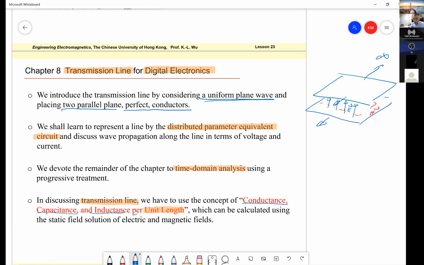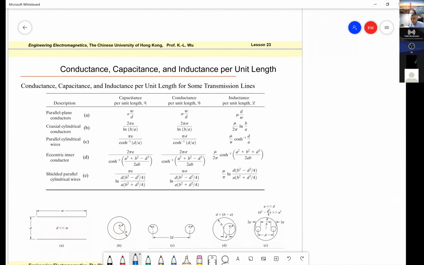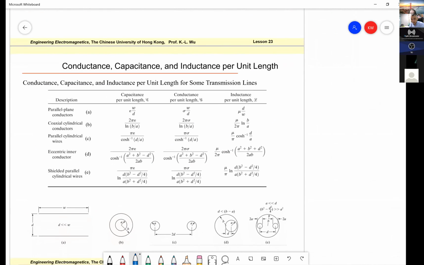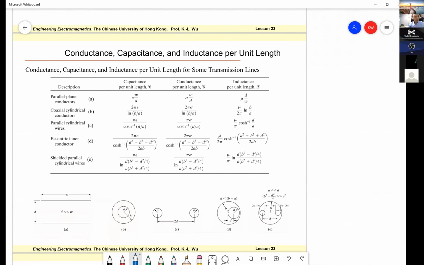Very importantly, we talk about per unit length. Okay, we'll come to that point soon.